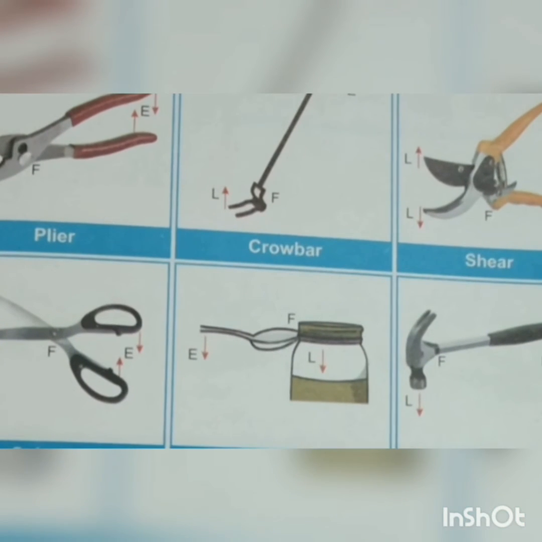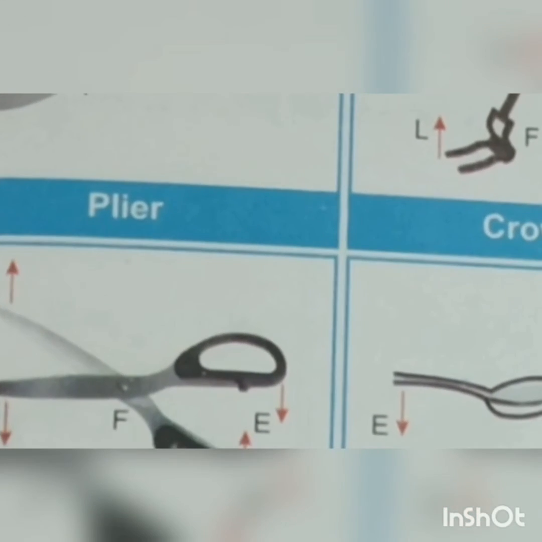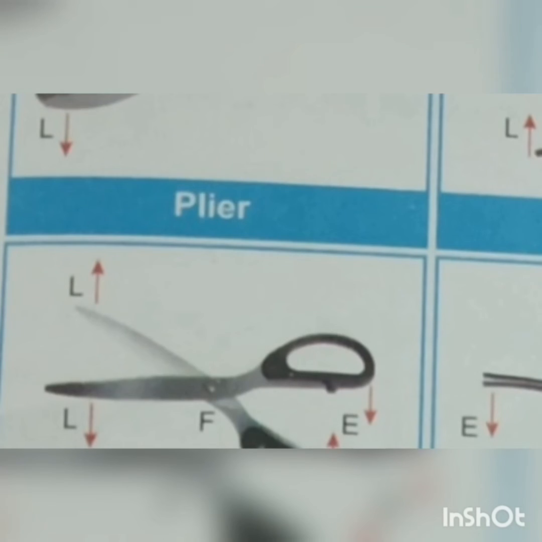Firstly, I show that in plier, load is at one end, effort at the other end, and fulcrum is in between. And when the fulcrum is between the load and effort, that is the class 1 lever. Second, the scissor. You see that the fulcrum is between the load and effort. So that is the first class lever.